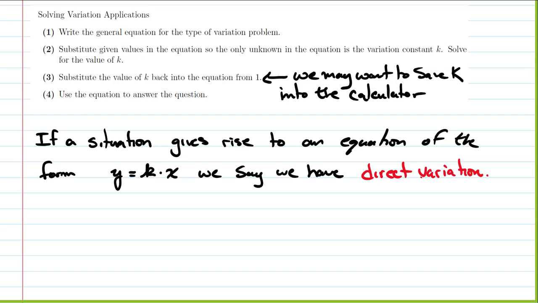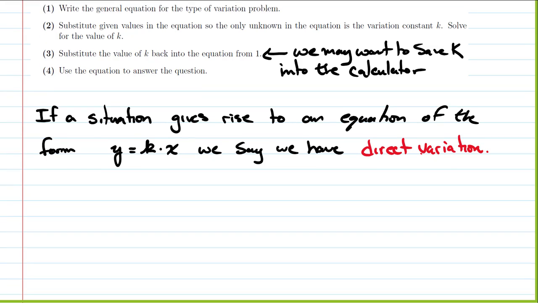So if our two variables are related by a linear equation, we say that we have direct variation.